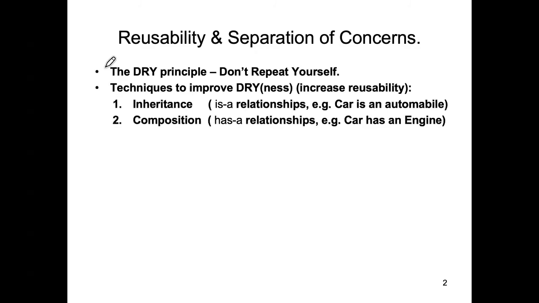Now, in order to try and achieve these, there are, in general, two approaches that you might take to modeling your problem domain. Whatever you're trying to develop an application for, that's what we're calling the problem domain. We're analyzing the problem domain and trying to come up with some sort of overall high-level design for it. When you're analyzing the problem domain, you can either view it through the prism of inheritance or through the prism of composition.